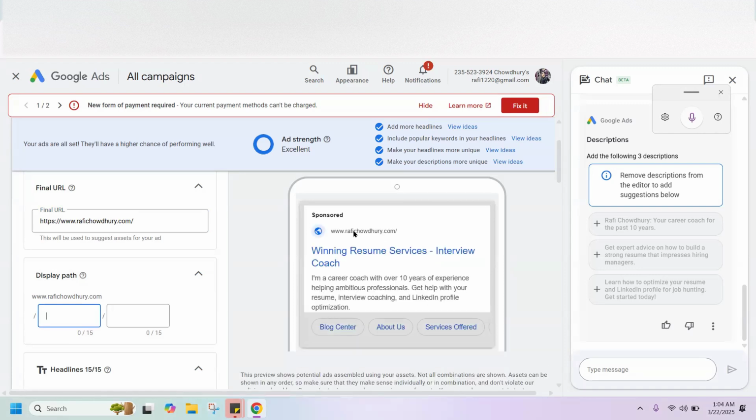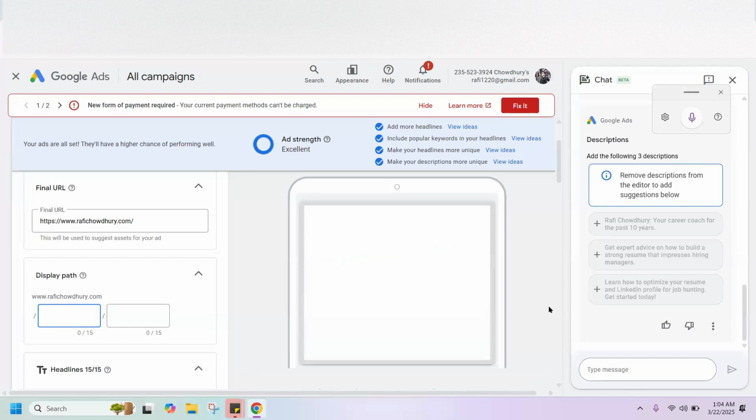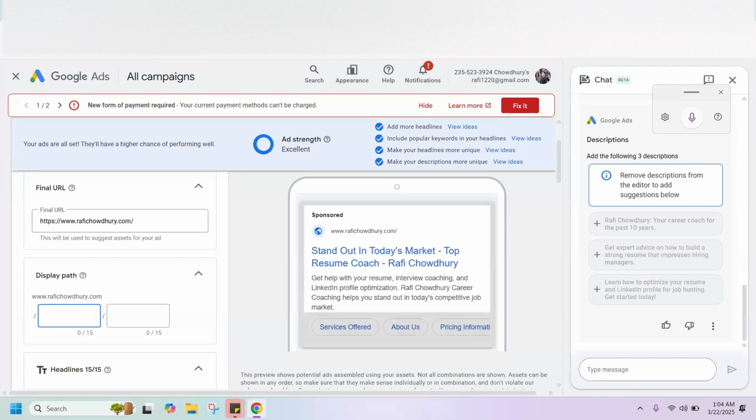It will only take you to that URL. You cannot redirect it to a different one, right? No, no, no. Unless you're using a bit.ly or something like a URL shortener. Yes, URL shortener. Okay, got it.